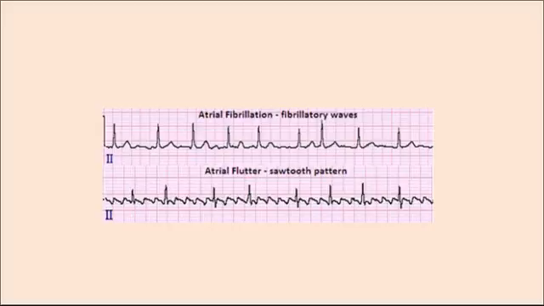So they want to treat underlying causes. They want to try to get the rate down. If they can convert, they will convert. Some medications to decrease the rate can be a calcium channel blocker, such as diltiazem, verapamil. They might give them digoxin or a beta blocker, such as metoprolol.